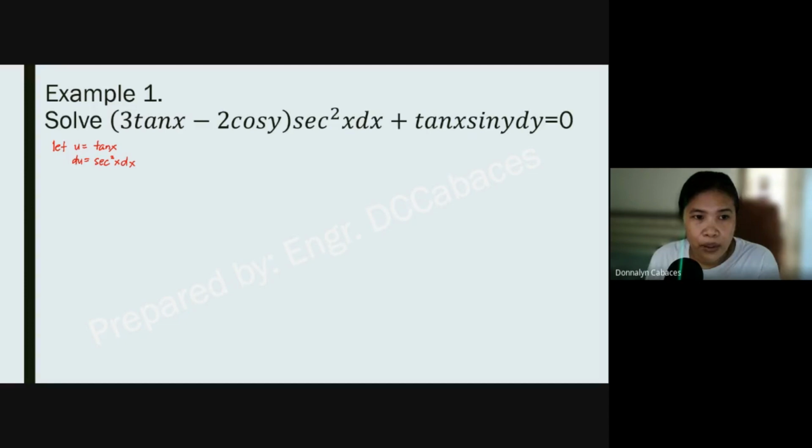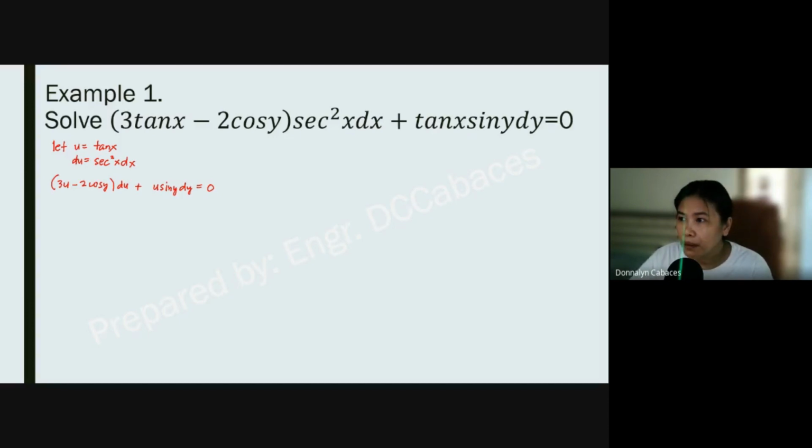So we will be replacing all tangent x by u and secant squared x dx by du. Continuing, this is now (3u minus 2 cosine y) du plus u times sine y dy is equal to 0.